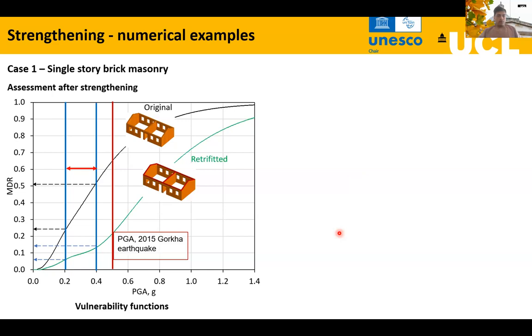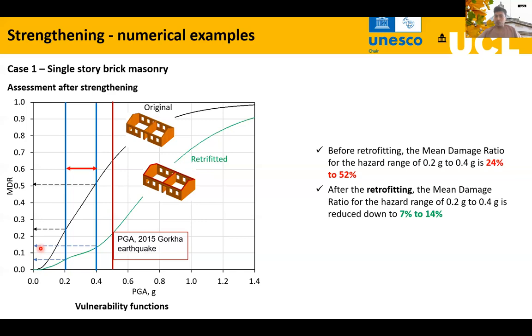In terms of vulnerability function comparison for the original and retrofitted building, we have the hazard range of 0.2 to 0.4G. You can see that in this range, the original building had this much loss ratio. Mean damage ratio was up to 0.5, or 50%. But as soon as you retrofit this building with this technique, your loss ratio is in the range of 0.06 to 0.07 to almost 0.15, or 14-15%.